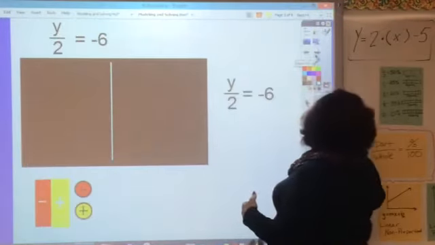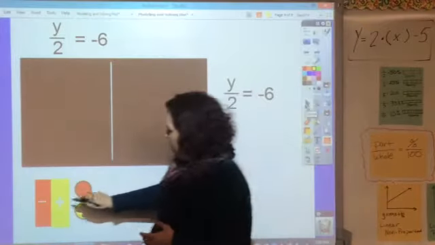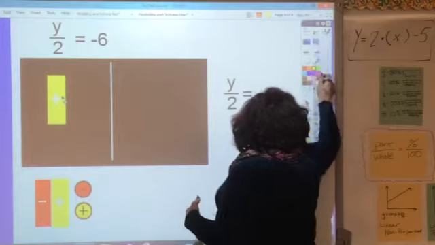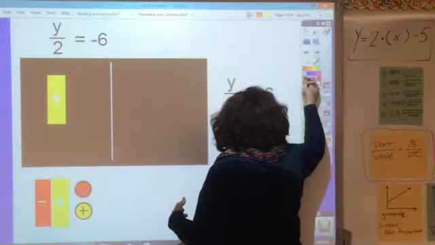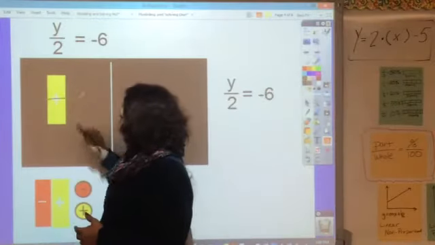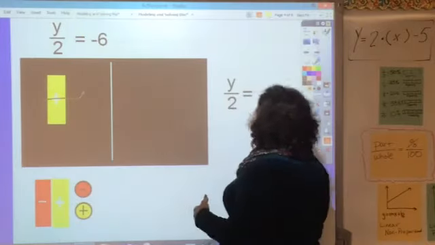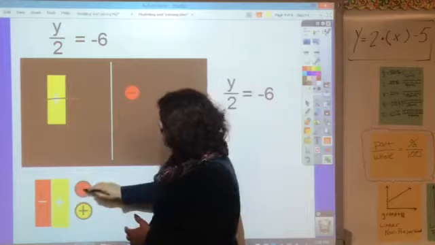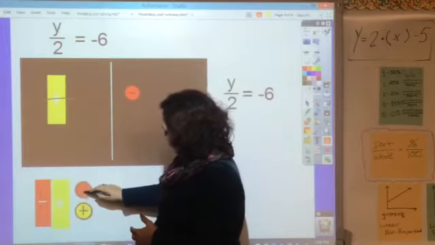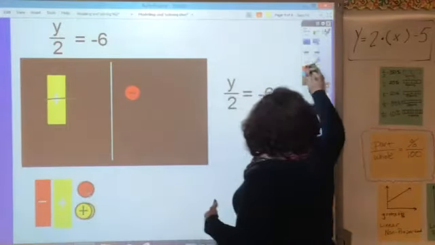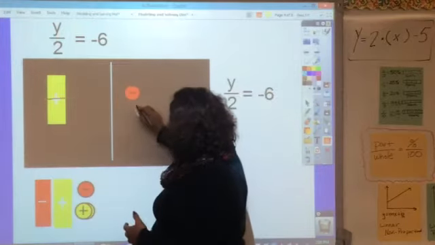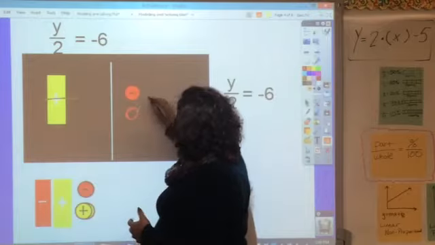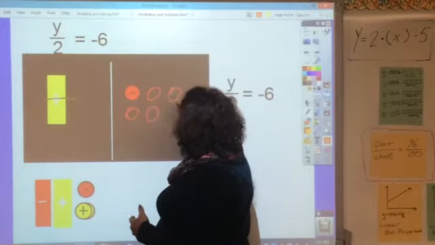So let's look at this one. Y divided into 2 parts, and it says -6. 2, 3, 4, 5, 6.